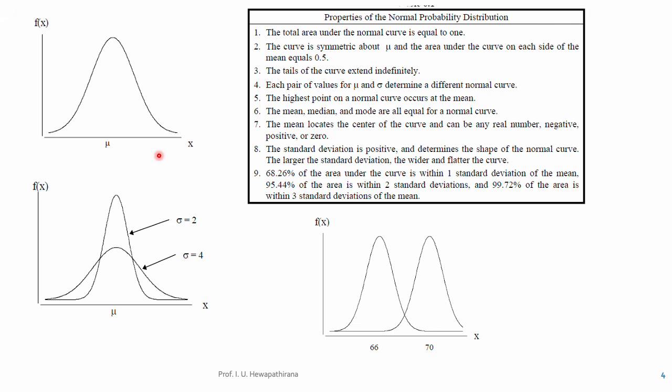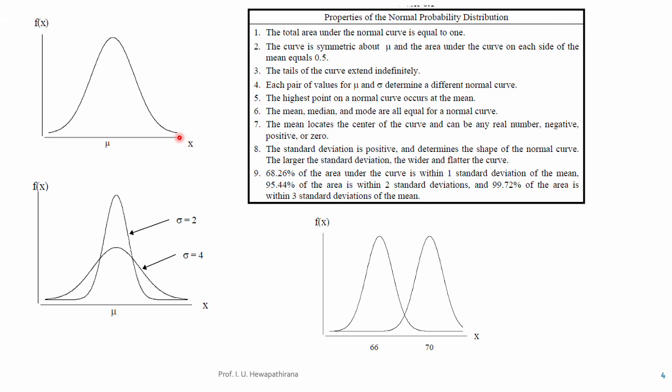This curve is symmetric around mu and the area to each side is 0.5 because the whole area is 1. So it's symmetric along mu, and one side's area will be 0.5. The tails of the curve extend to minus infinity and plus infinity.